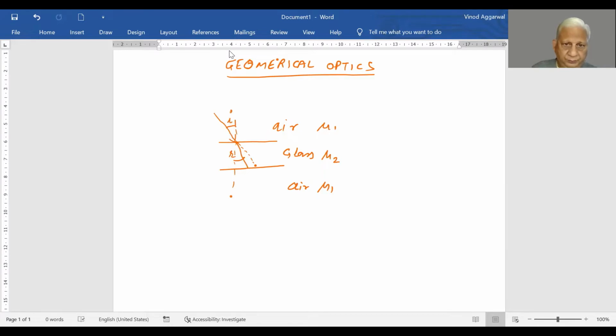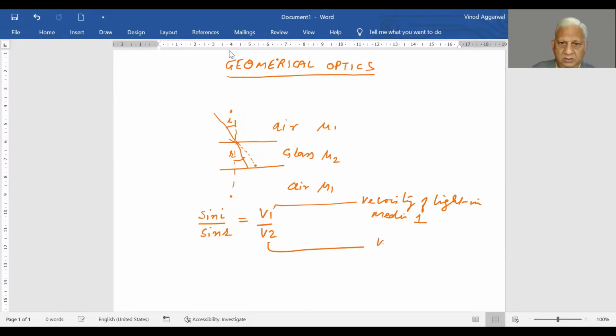Now, sine I over sine R is given as v1 over v2. This is velocity of light in media 1.